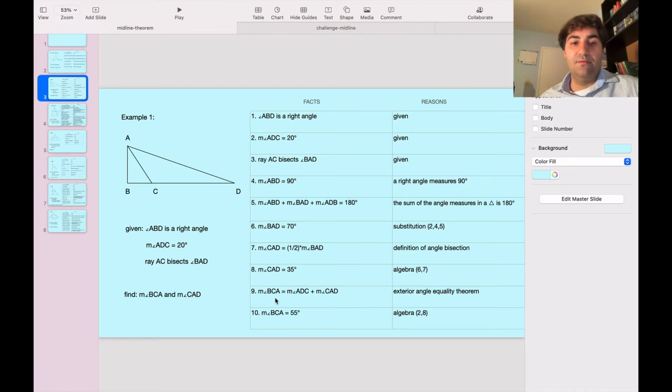Now the measure of angle BCA right here is equal to the measure of angle ADC plus the measure of angle CAD by the exterior angle equality theorem. If I substitute 20 degrees and 35 degrees into this expression, we get the measure of angle BCA is equal to 55 degrees.